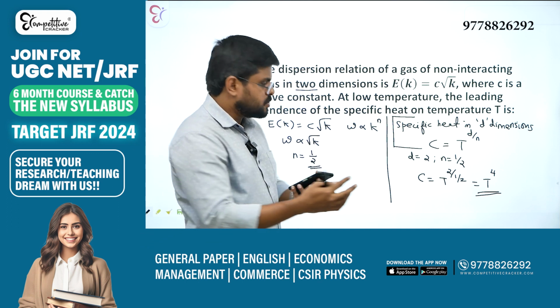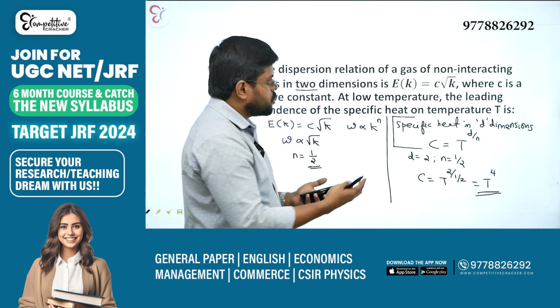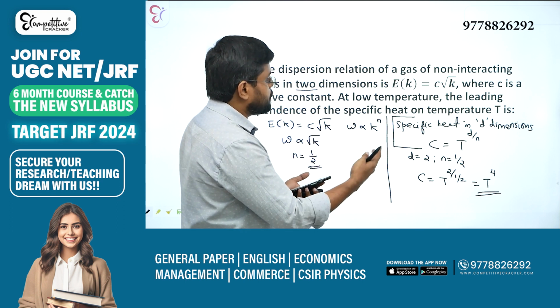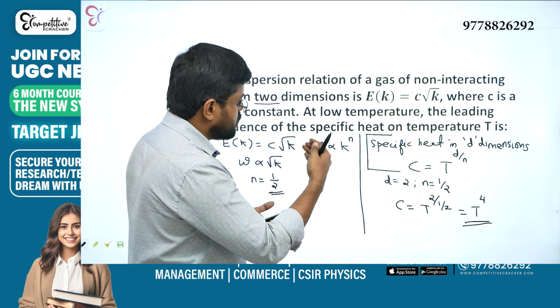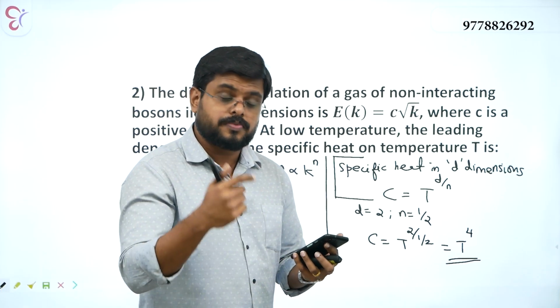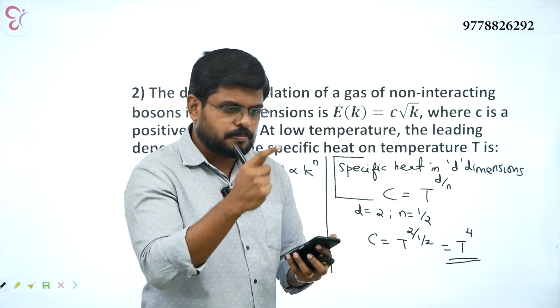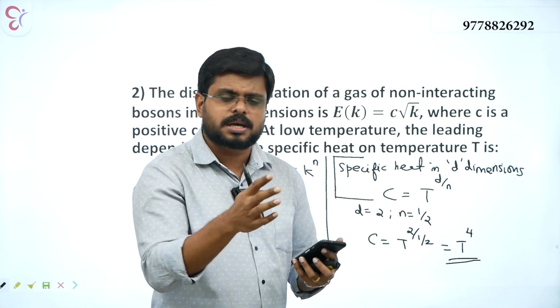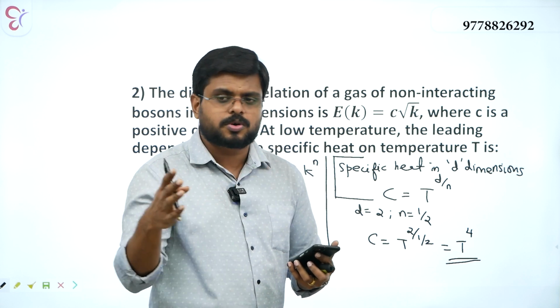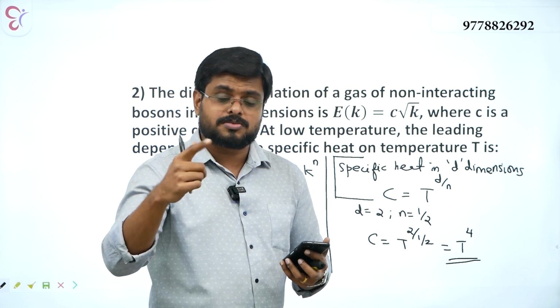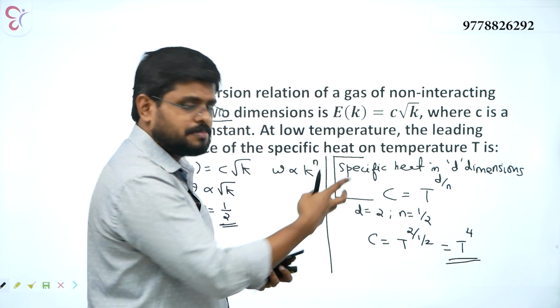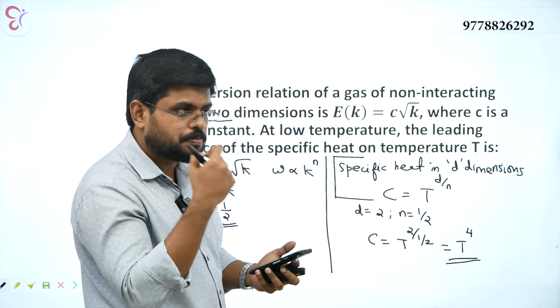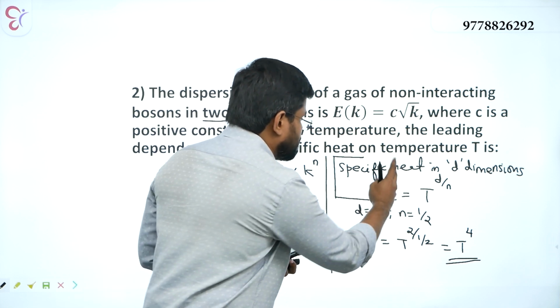Is it clear? So this is very simple, isn't it? While you study statistical mechanics, you may get some 3 or 4 questions, but the questions will be very simple, like this. The only thing is that we need to pinpoint the correct relation.